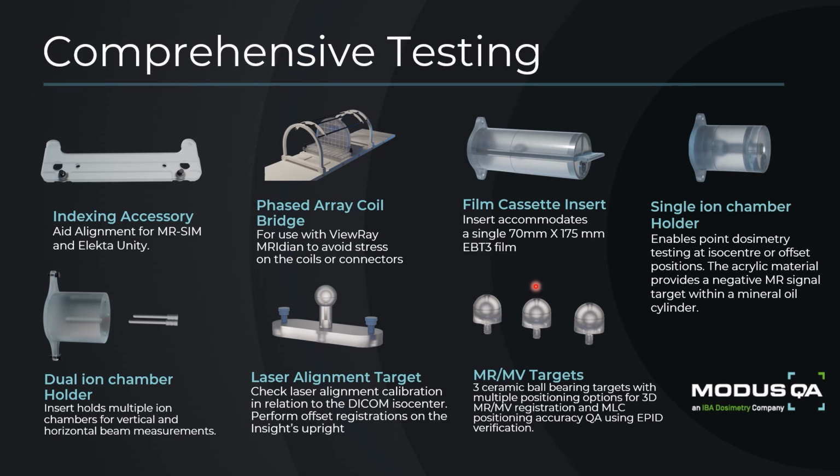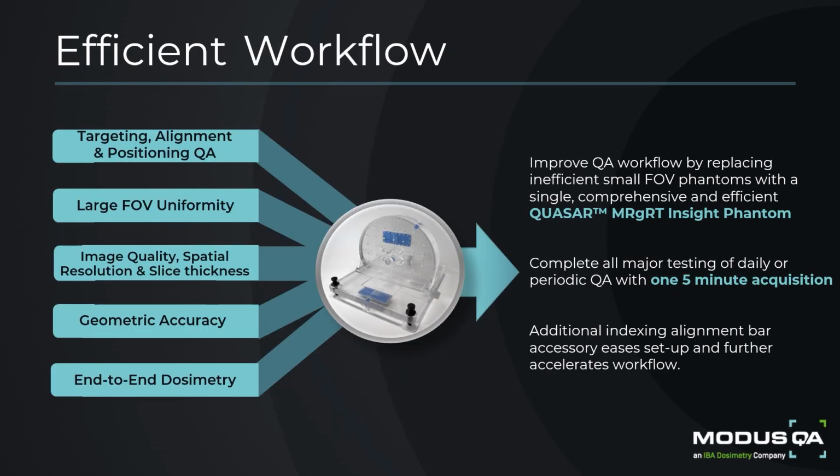And so, with the accumulation of all those testing features and capabilities, the Insight Phantom can be slotted as an efficient addition or replacement Phantom to any physicist's workflow. This is because the base Phantom does come ready to scan straight out of the box without any additional need to fill up the Phantom with contrast solution, as it has been done so already.